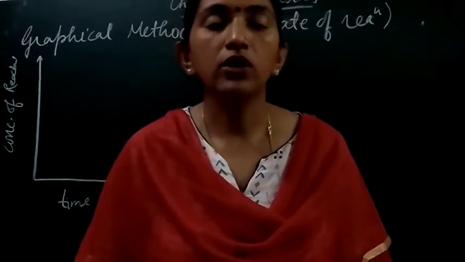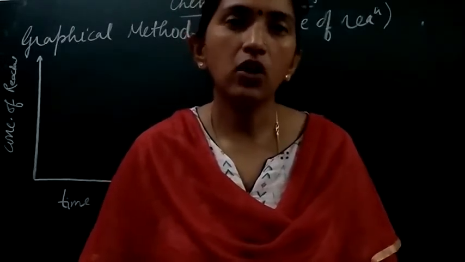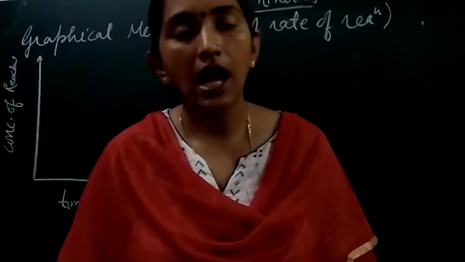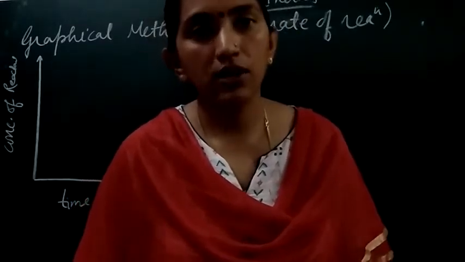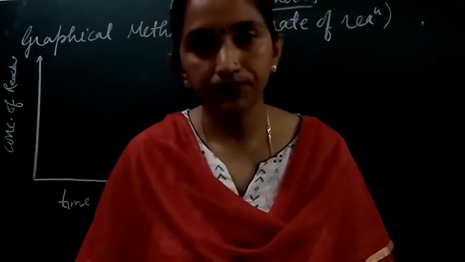And then, by a suitable method, we determine the concentration of the reactant or the product in that reaction mixture, and the suitable method which is generally performed is the titration method.